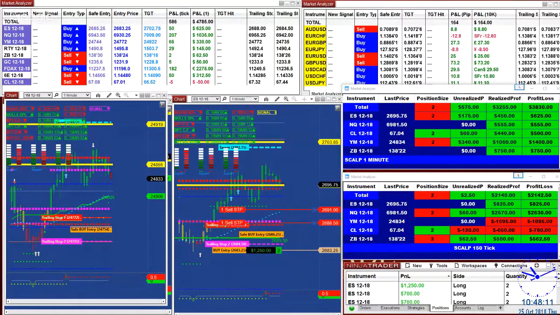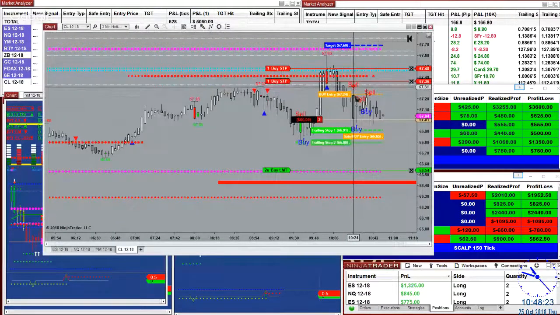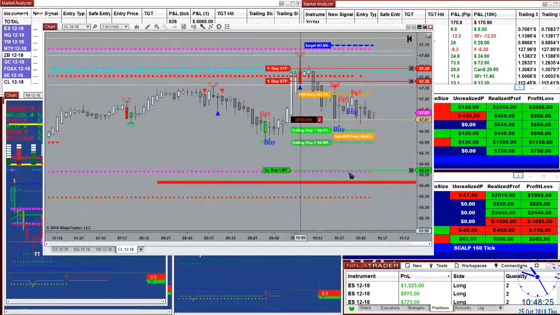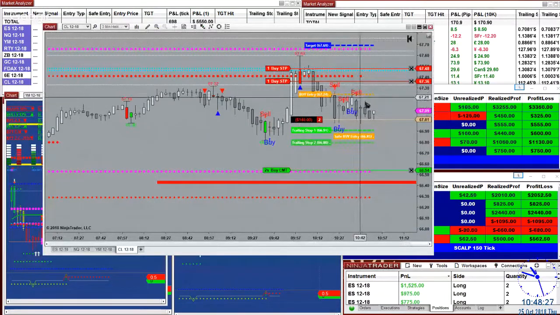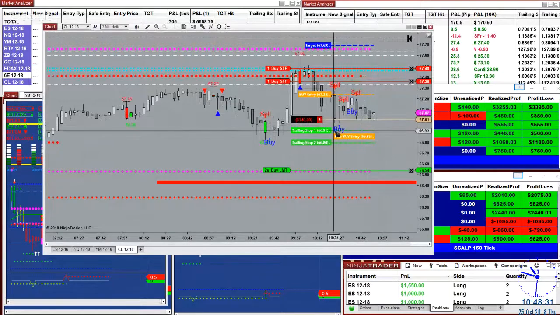We have already on the CL, actually, three signals right after the others on the sell side, and it's not going anywhere.